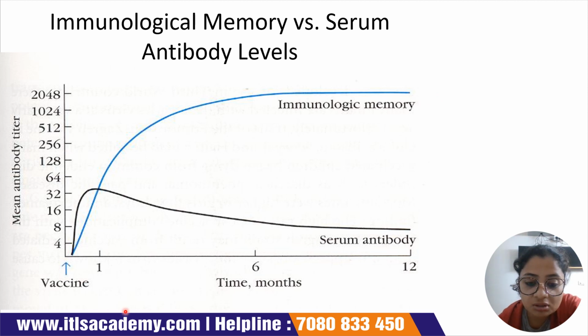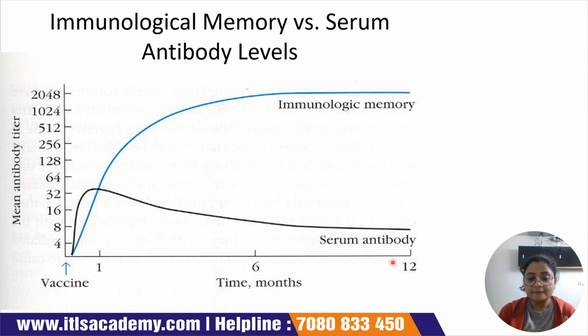And talking about the serum antibody level, it again increases shortly after vaccination. Before the span of 1 month only, the maximum level is attained. Sorry, not of the vaccine, of the serum antibody which will be produced in response to the vaccine.